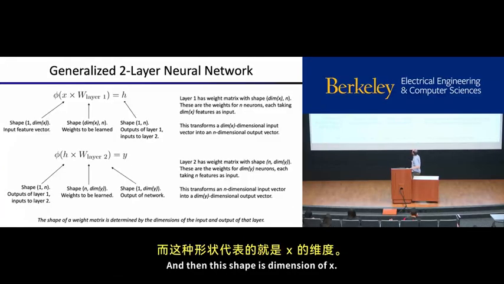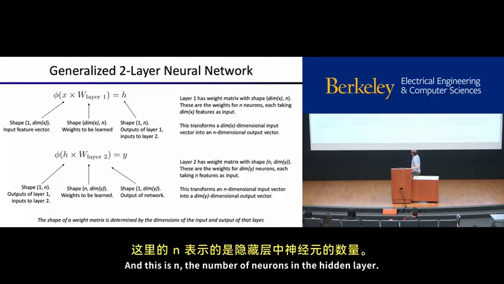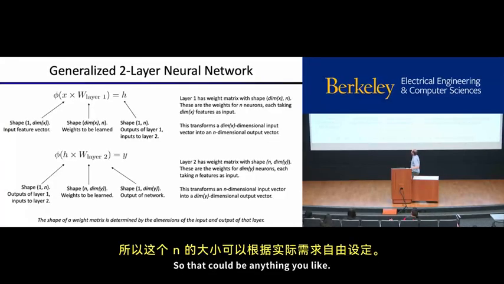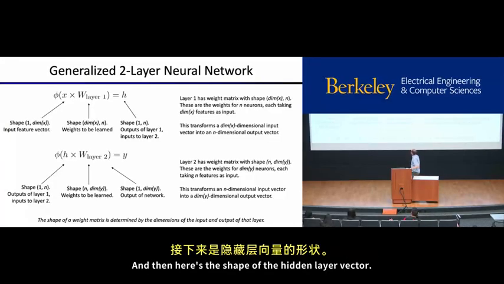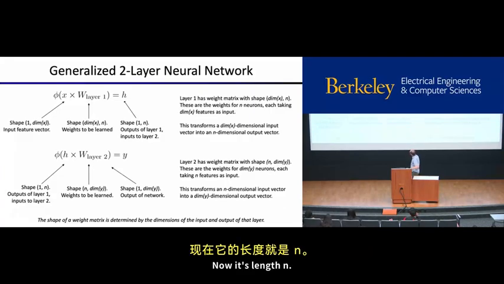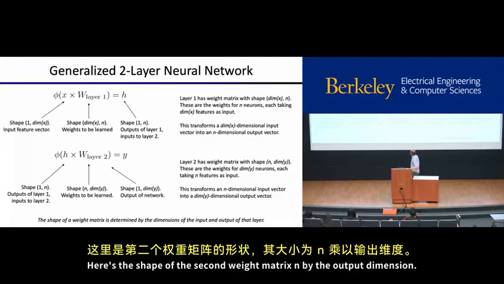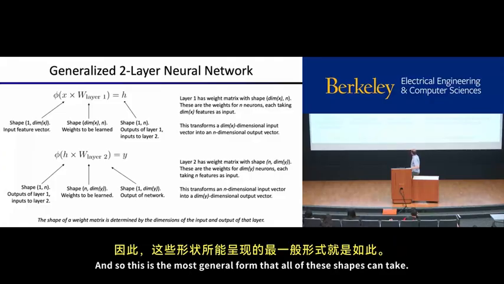And then this shape is dimension of x by n, the number of neurons in the hidden layer. So that could be anything you like. And then, here's the shape of the hidden layer vector. Now it's length n. Here's the shape of the second weight matrix, n by the output dimension. And so this is the most general form that all these shapes can take.